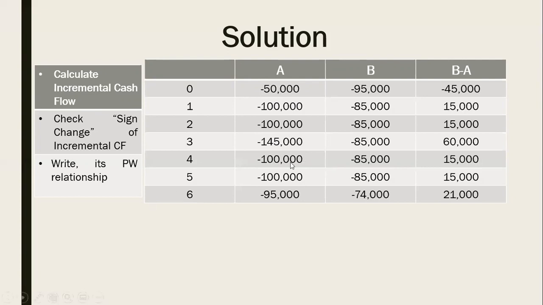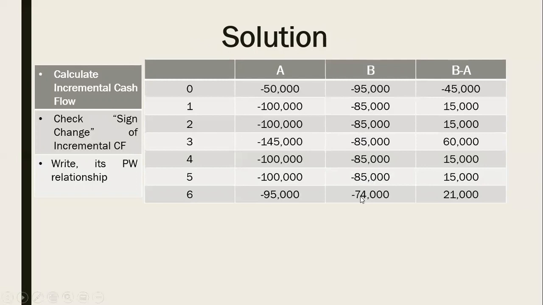And again, in fourth and fifth year, annual expenditures are 100,000, and in sixth year, annual expenditure will be 100,000, but we'll have a cash inflow of 5,000 in terms of salvage value. So the net cash flow will be 95,000 outflow. And for project B, the initial cost is 95,000 at time 0 and $85,000 annual expenditures every year from year 1 to year 6.